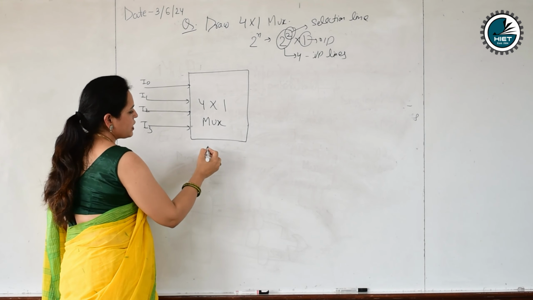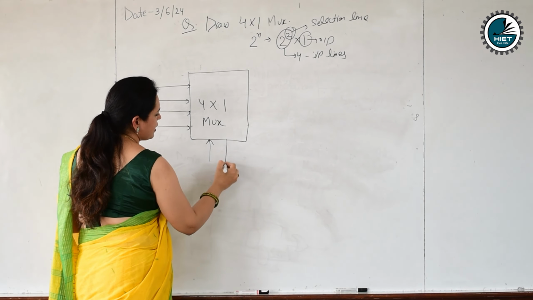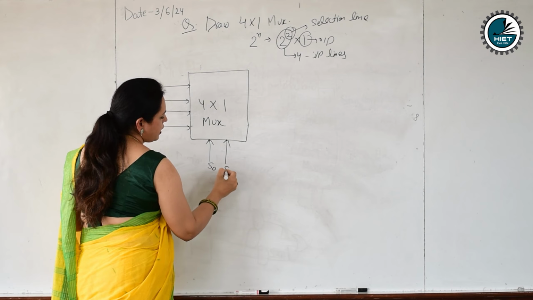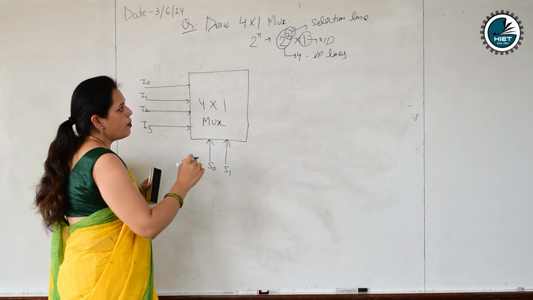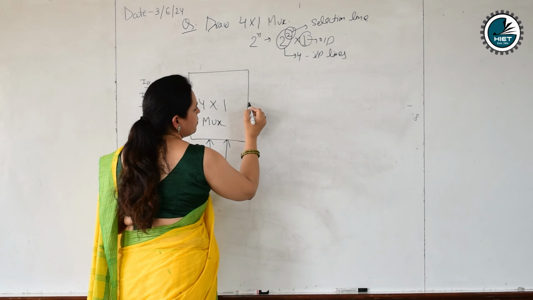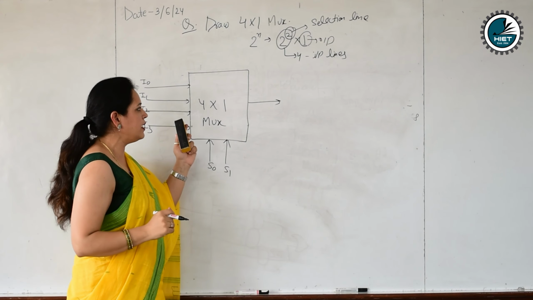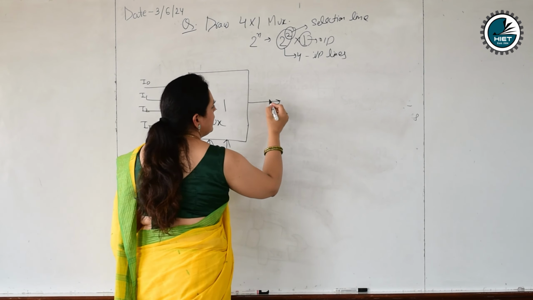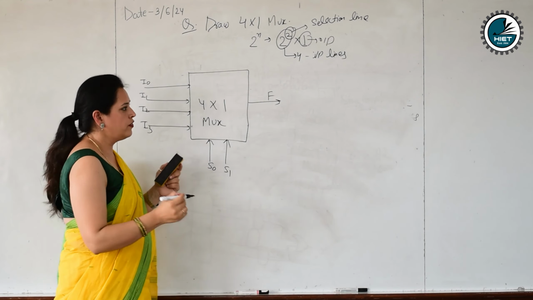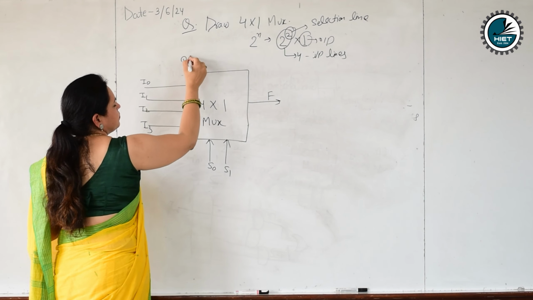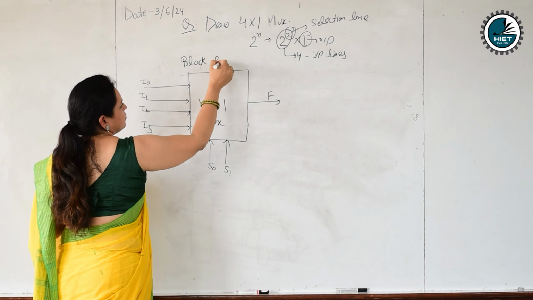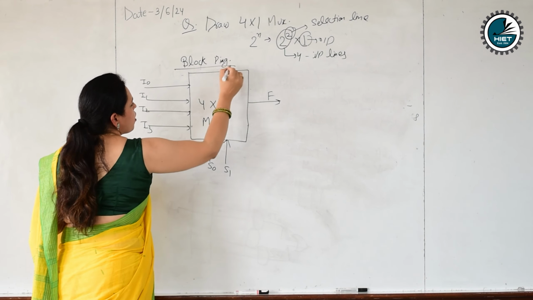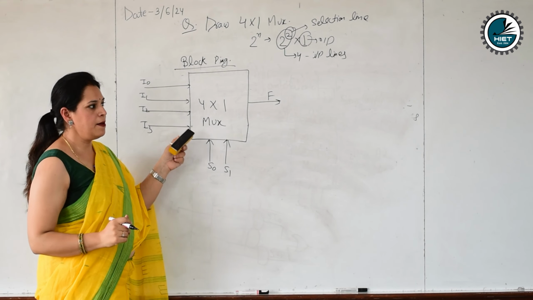How many selection lines? There are 2 selection lines. One is S0 and the other is S1. How many outputs? Only 1 output, because a multiplexer gives many inputs and a single output line. This is your output line F. This is the block diagram of the 4x1 multiplexer.